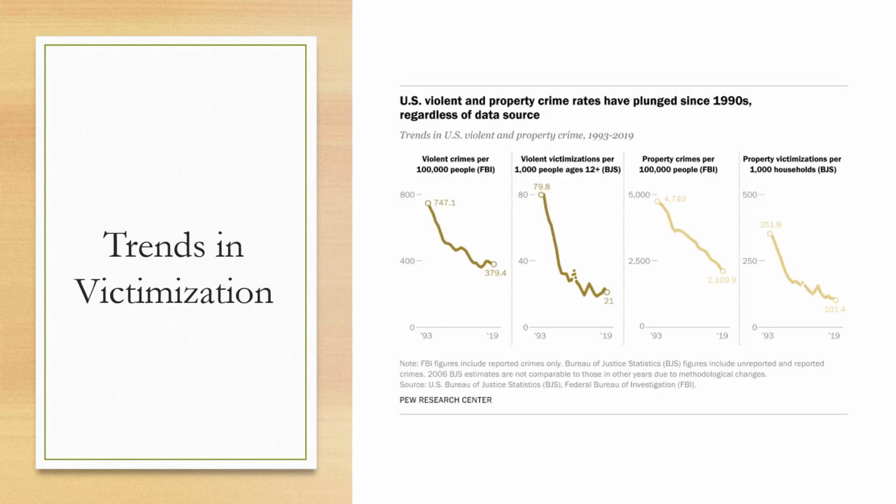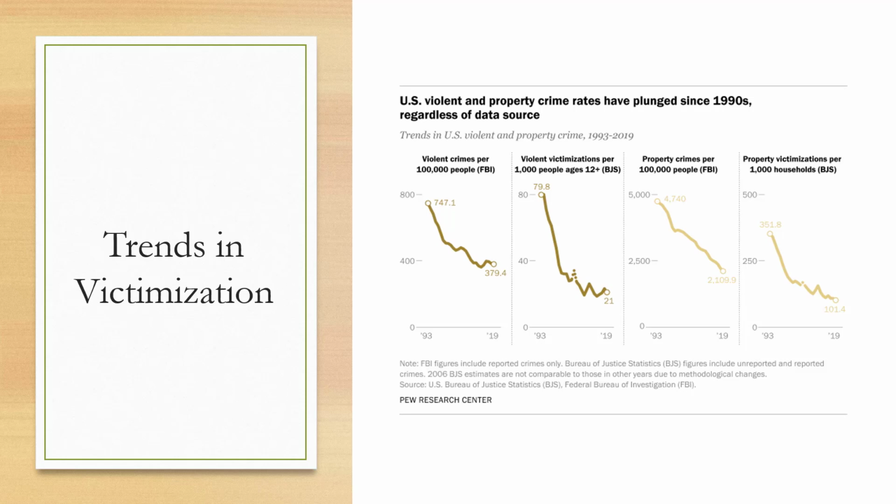And so this is what crime, or victimization, looks like currently in the U.S., right? We are experiencing a reduction in victimizations for both property and violent crimes. Even if you look at the BJS statistic there, that involves the National Crime Victimization Survey data.